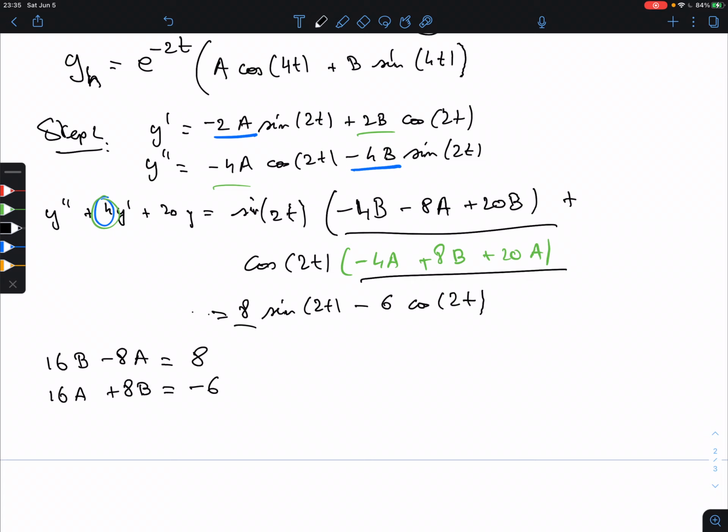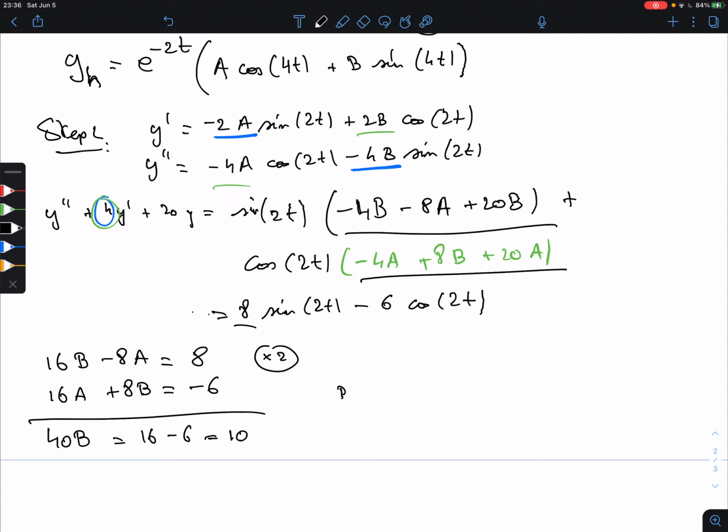minus 6. So if I multiply this with 2 and add to the other equation, the b's become 32 plus 8 is 40b, and the a's become minus 16a plus 16a, so they cancel out, and then we get 16 minus 12 minus 6. That is 10.